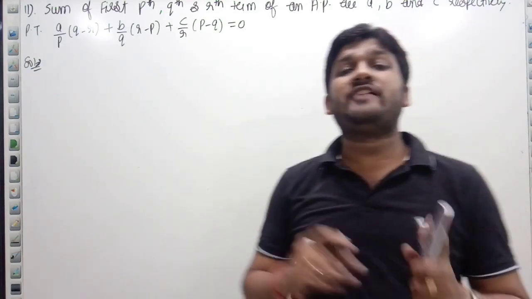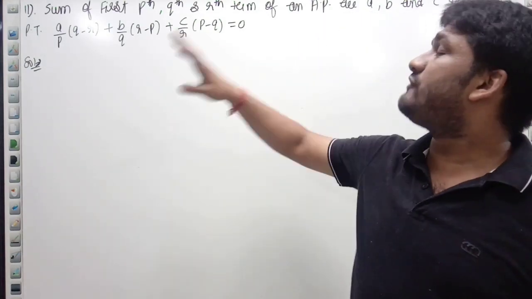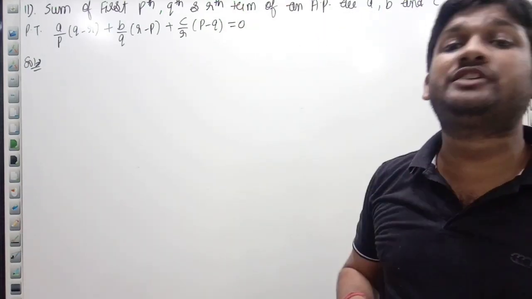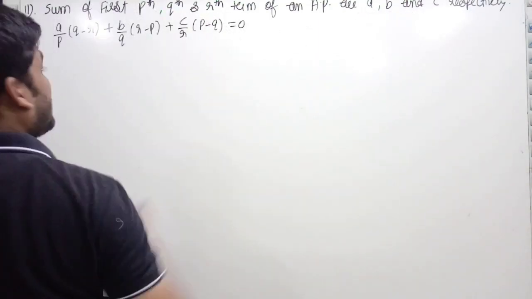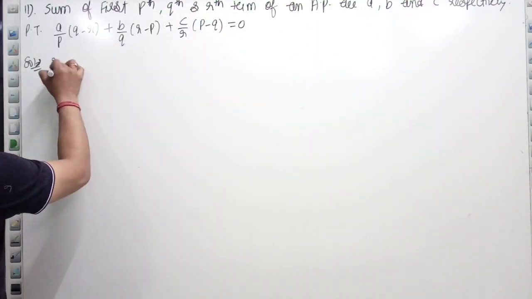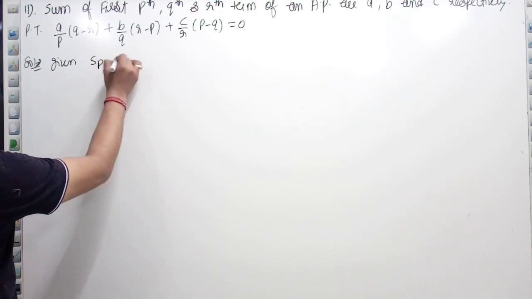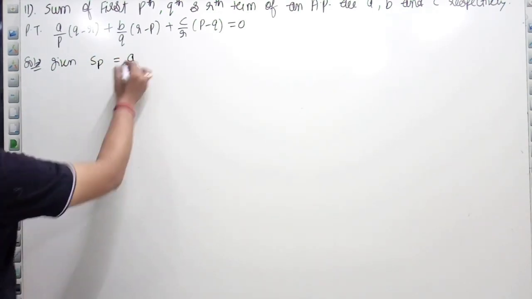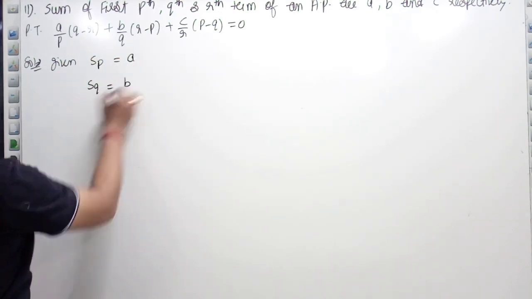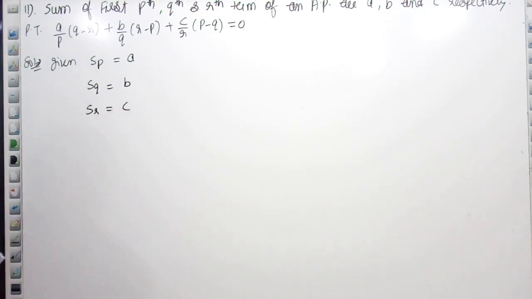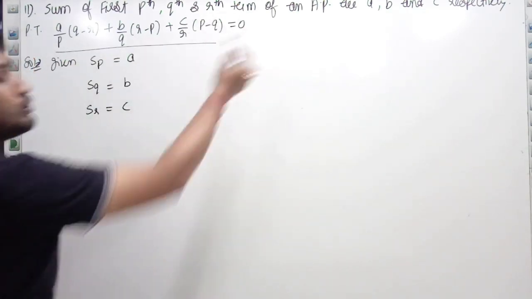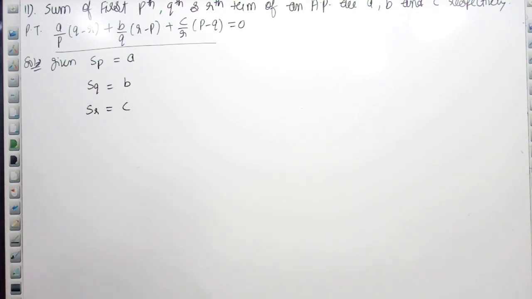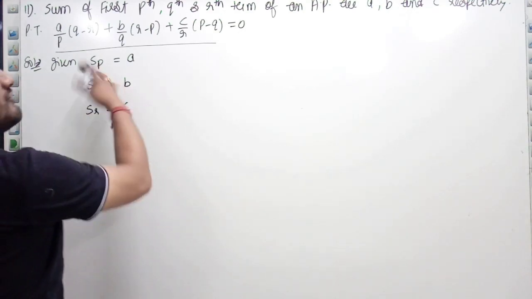Now the next question that we are having is the sum of first pth, qth and rth term of an AP are A, B and C. Since it is given SP equal to A, SQ equal to B and SR equal to C, and you have to prove this expression is equal to 0. Now what we'll do, we'll first write the formula.